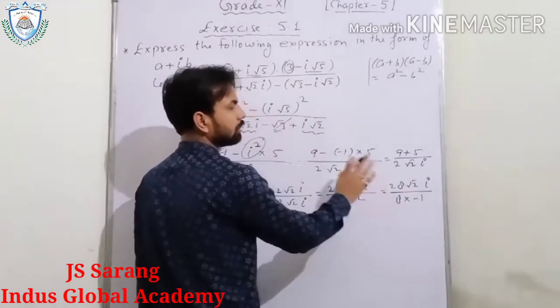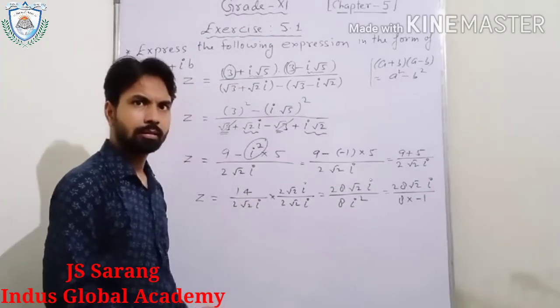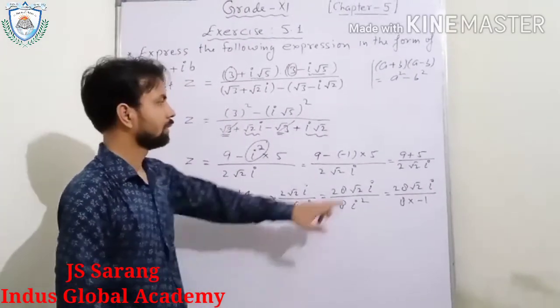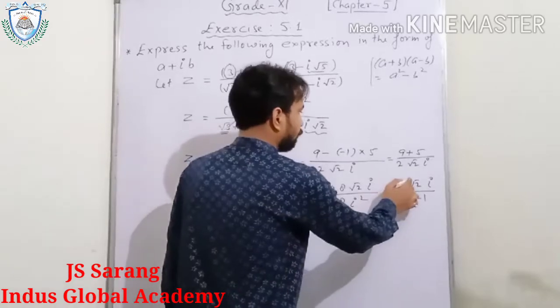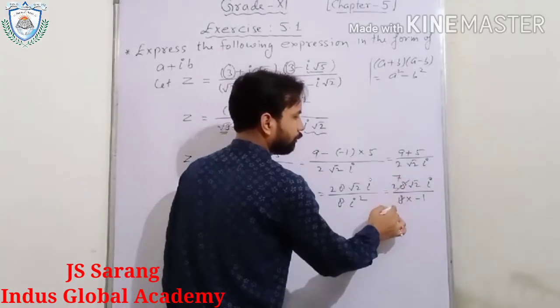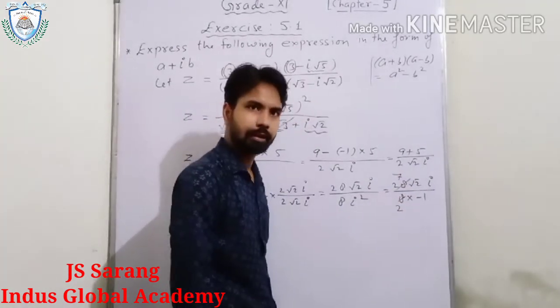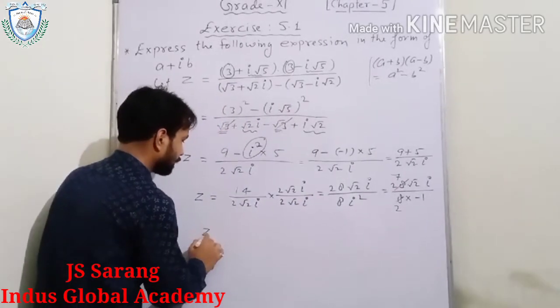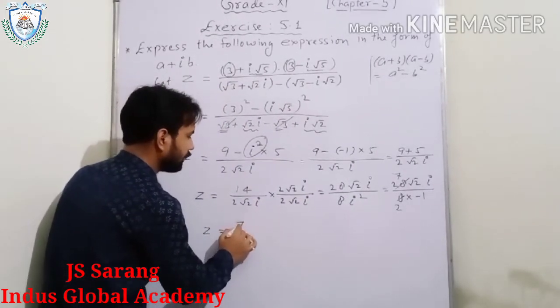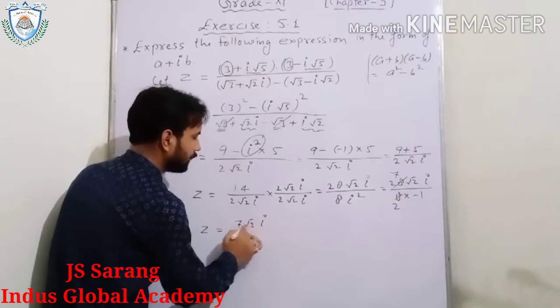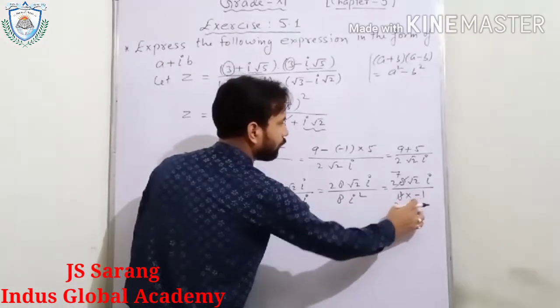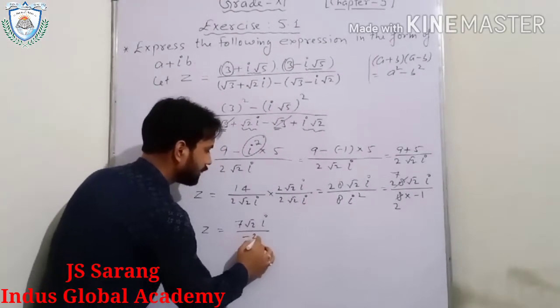28 and 8 both can be cancelled by some number. 4 sevens are 28 and 4 twos are 8. Understood? So what is left? z equals 7 under root 2i upon 2 into minus 1, that is minus 2.